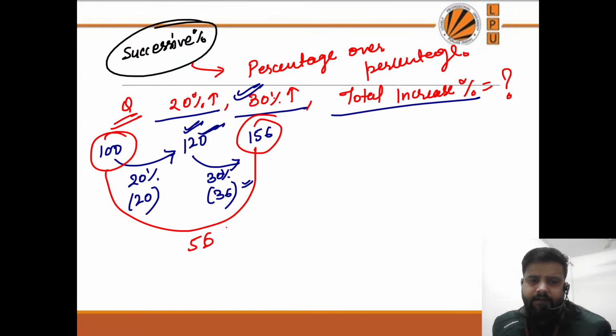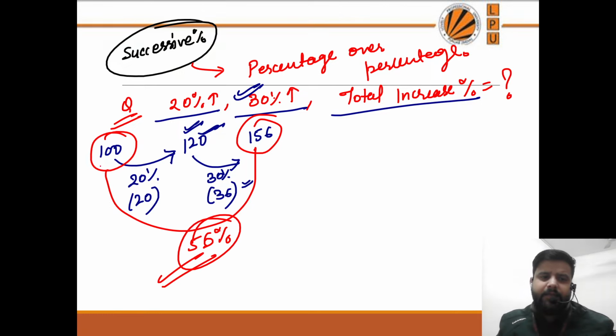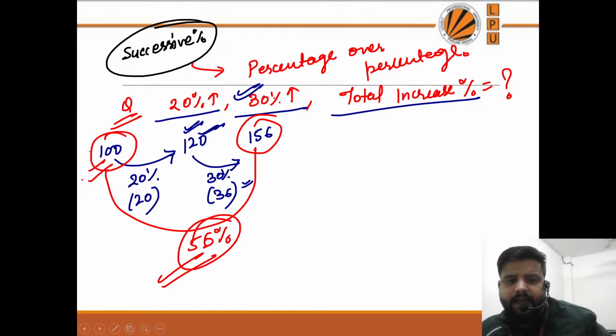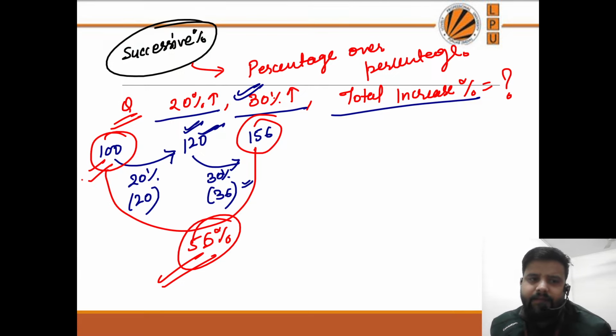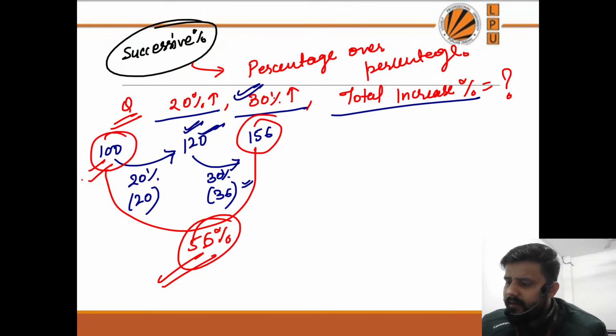So you can say it is 56%. Why can I say 56%? Because I have assumed the value initially as 100, and any numeric value in terms of percentage for the base 100 is always the value itself. I hope now you got it. Answer in comments.